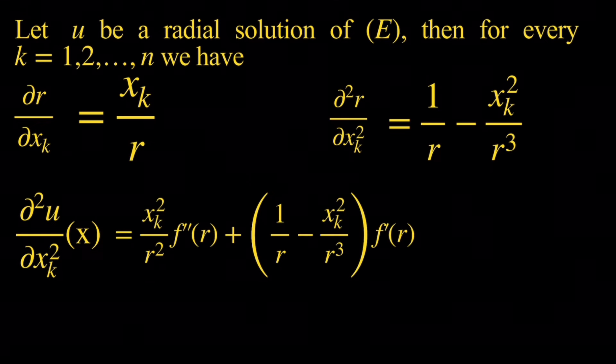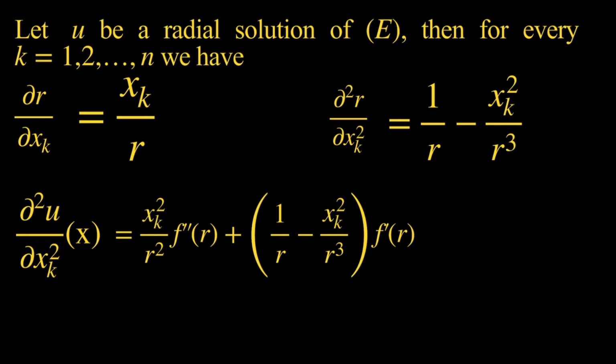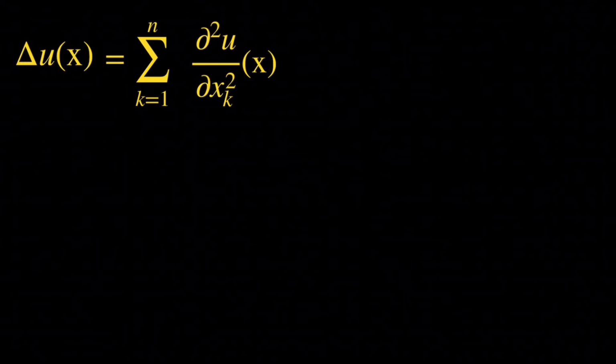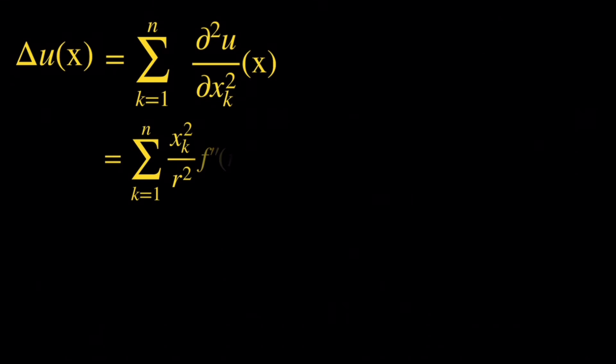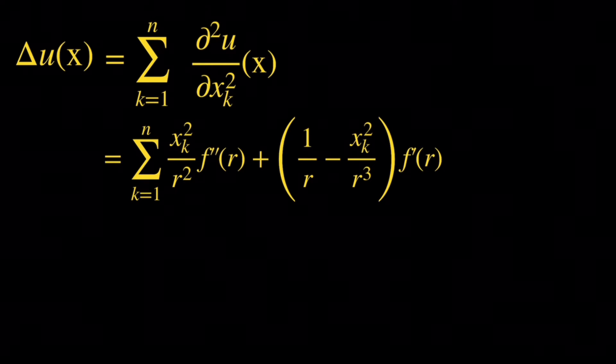Now we want to simplify the Laplace of u. Okay, so the Laplace of u is equal to the sum, as k goes from 1 to n, of the second partial derivative of u with respect to xk. Now we just replace that by this quantity here.